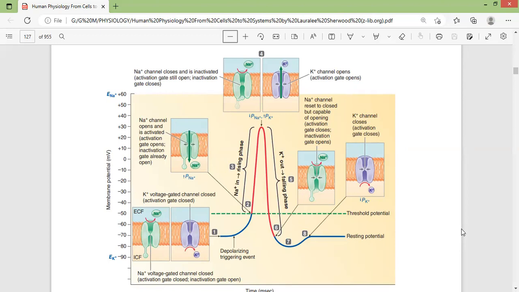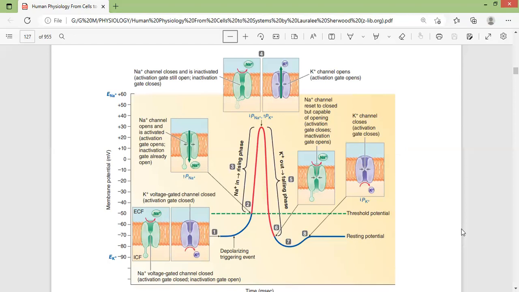So during the generation of an action potential, the sodium ion channels open up and allow sodium to enter into the cell. We said the inside of the cell is usually negative. From this diagram, you can see the resting membrane potential for nerve cells is usually around -70.